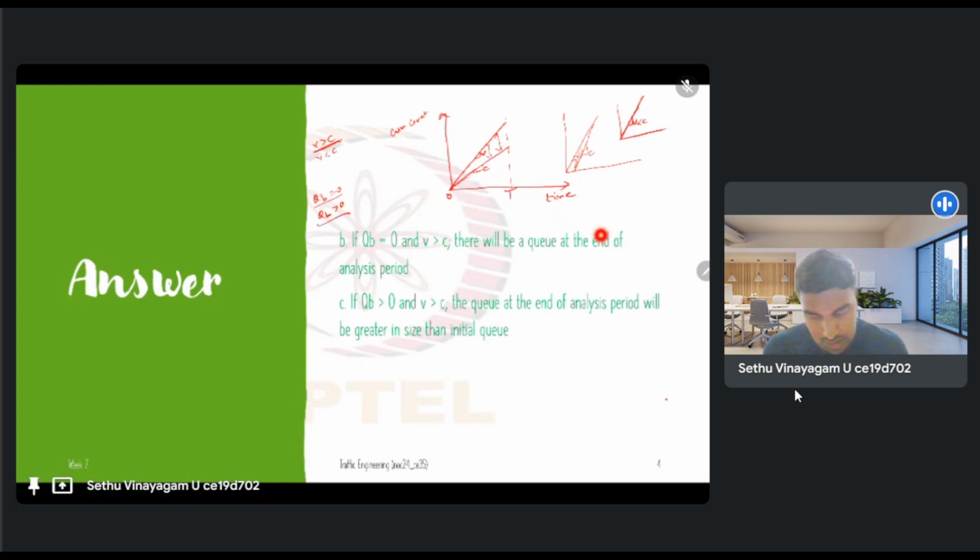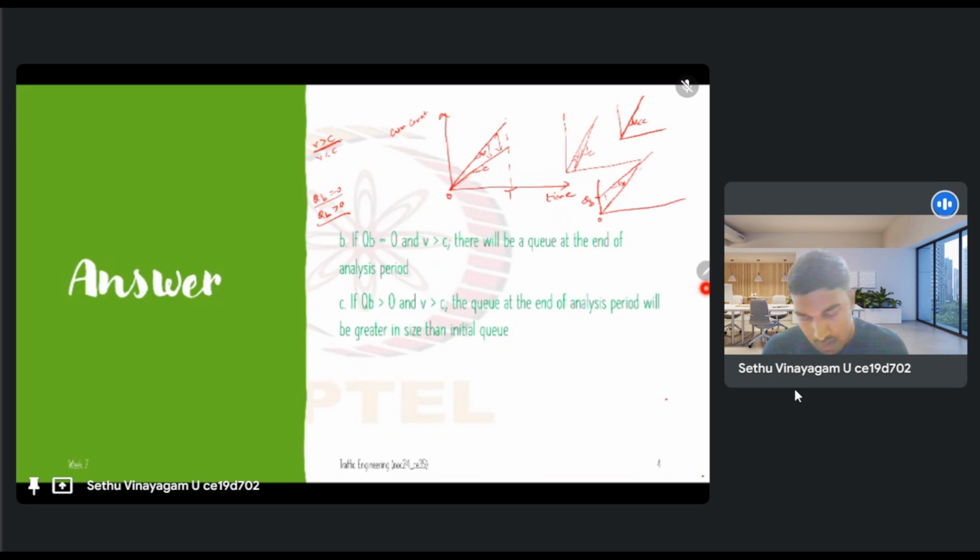So if there was an initial Q, how will it look? At time equal to 0, you have QB, and then you will have flow happening, arrivals will be like this. And then if V is less than C, your departures will catch up with your arrivals at some time.